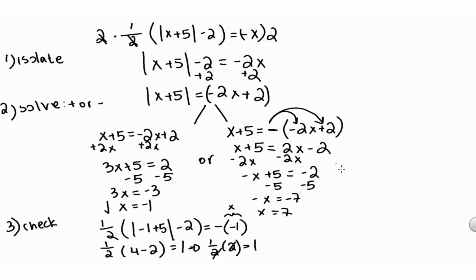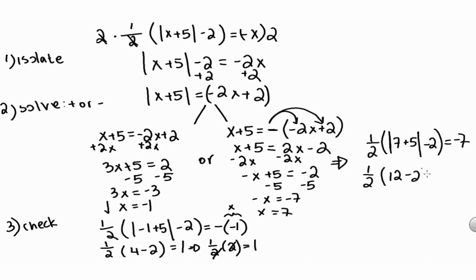Now let's check this one. Alright, so 1/2, in this case, my x is equal to 7, |7 + 5| - 2 should equal to -7, right? Because my x here is negative x. So 1/2, 7 + 5 is 12, minus 2 is equal to -7.